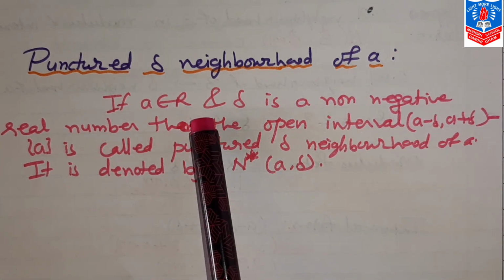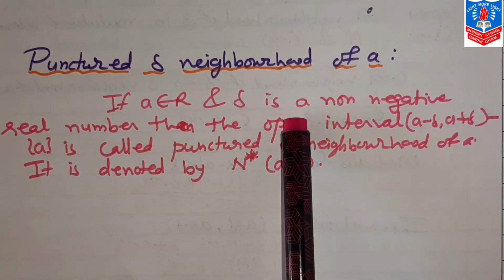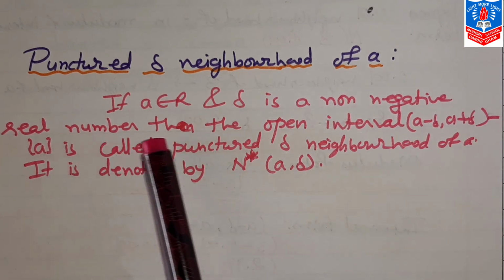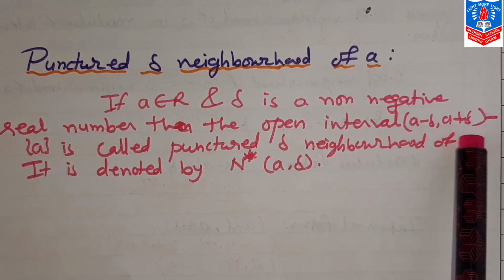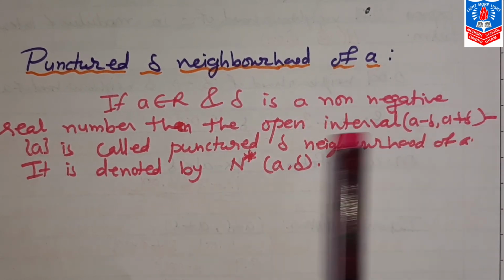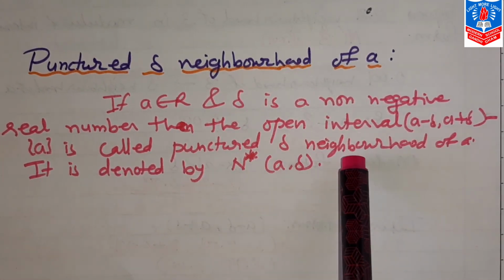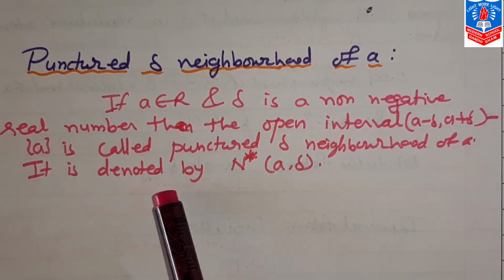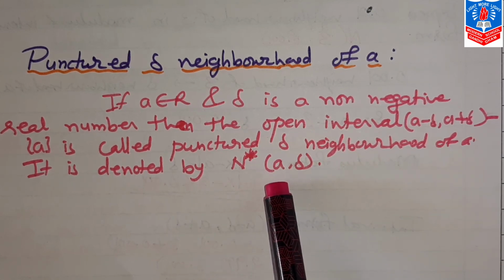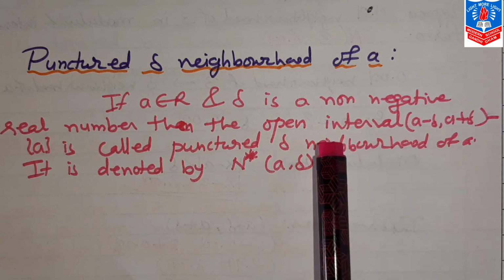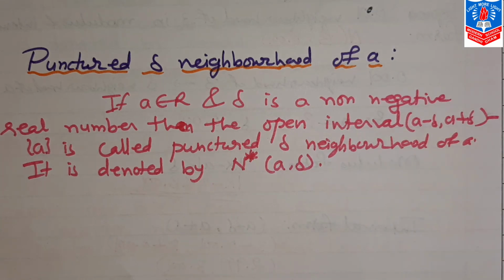If a belongs to R, that is real numbers, and delta is a non-negative real number, then the open interval a minus delta to a plus delta, minus the point a, is called punctured delta neighborhood of a. And how do we denote this? It is N star, and in brackets a and delta. So this is a very important definition from the board point of view.